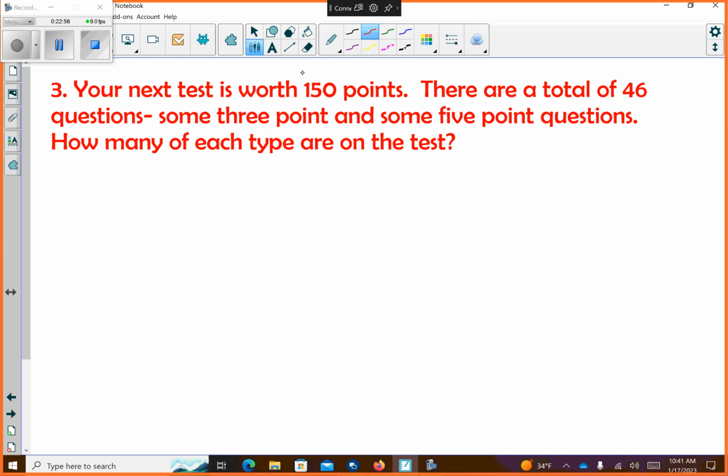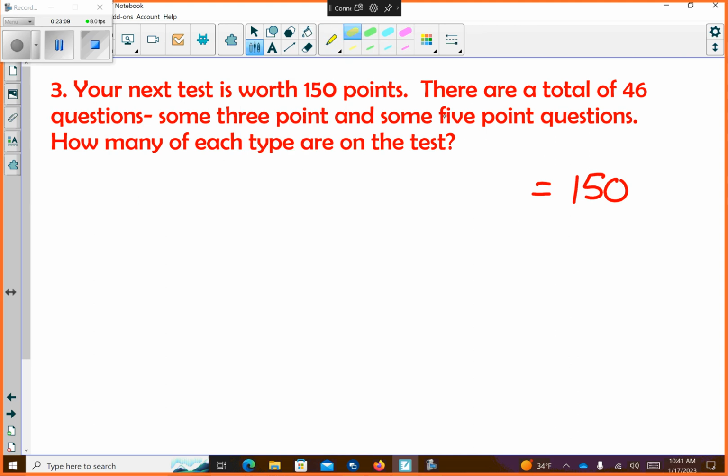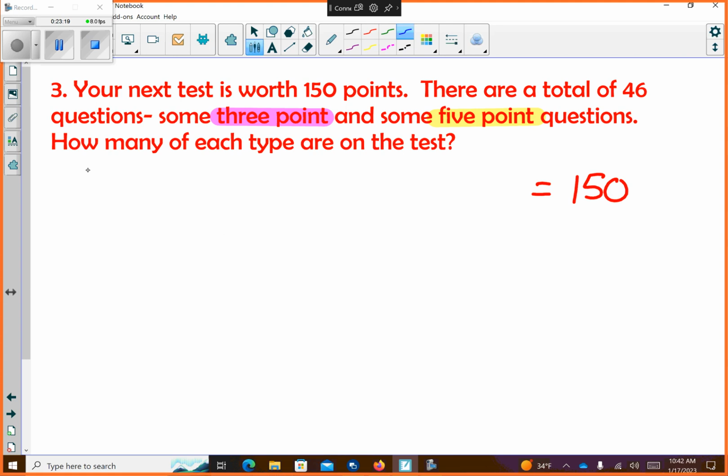All right, so I know that this test is going to be 150 points. But there's something that they tell us. Some are 5-point and some are 3-point. So X and Y? Okay, so hang on.